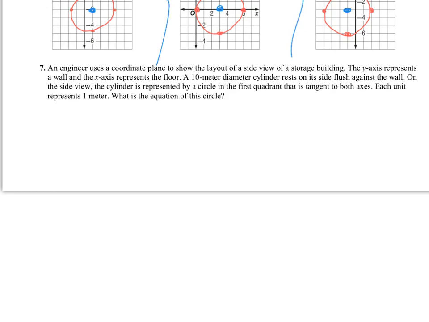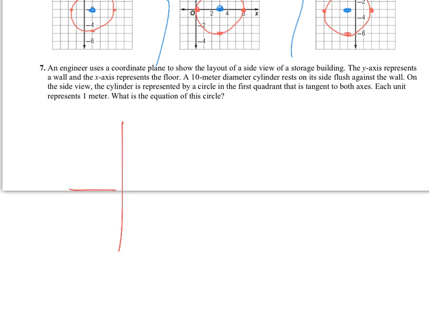Okay, for number 7, we are told that an engineer uses a coordinate plane to show the layout of a side view of a storage building. The y-axis represents a wall, so let's draw that, and the x-axis represents the floor.